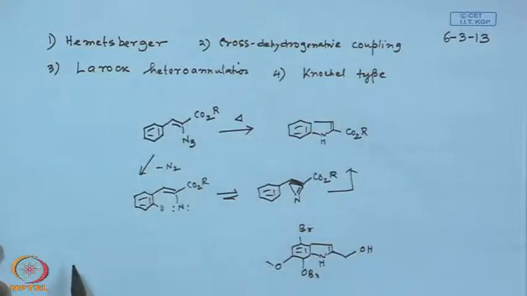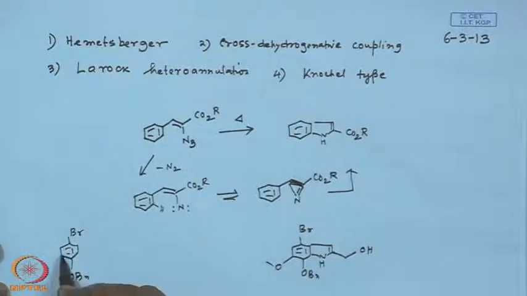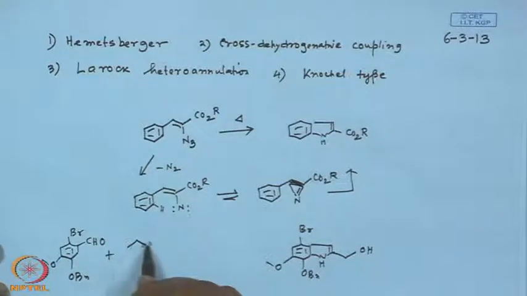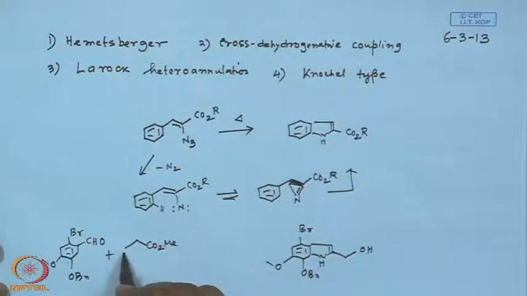So essentially in this case, this has been obtained from the corresponding ester derivative and this aldehyde. Take the aldehyde here and then the azidoester; in this case the azidoester is pretty easy to make.